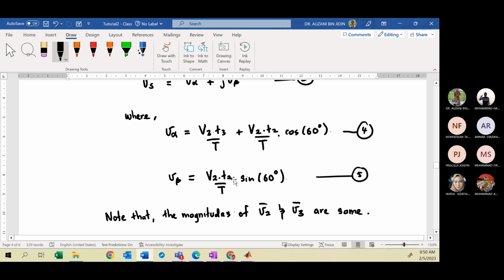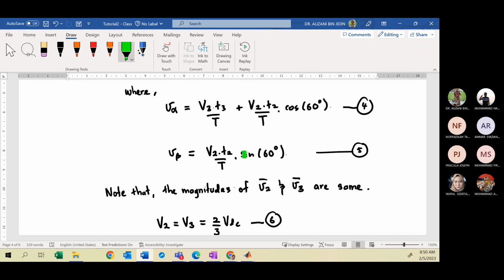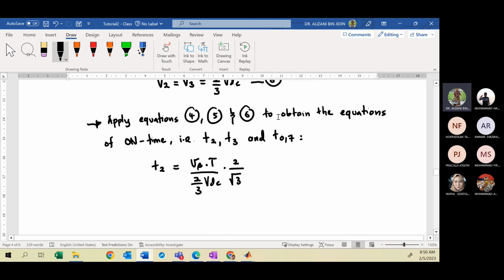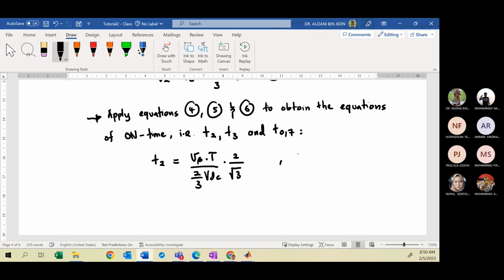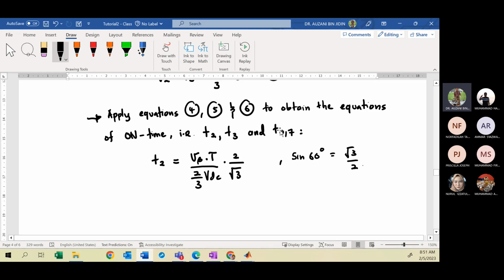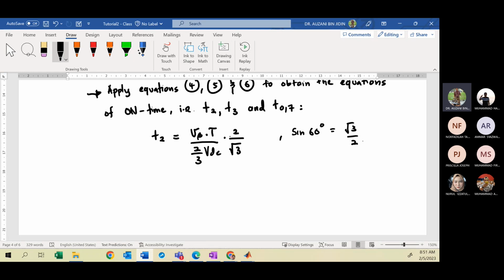So remember sine 60 degrees. Actually you can write sine 60 degrees as root 3 divided by 2, is it right? Then you substitute, then finally you can get the T2 equation.